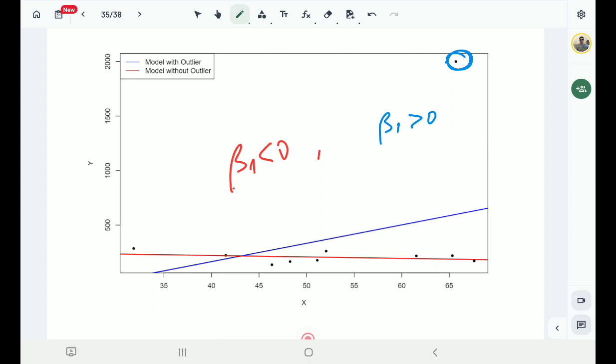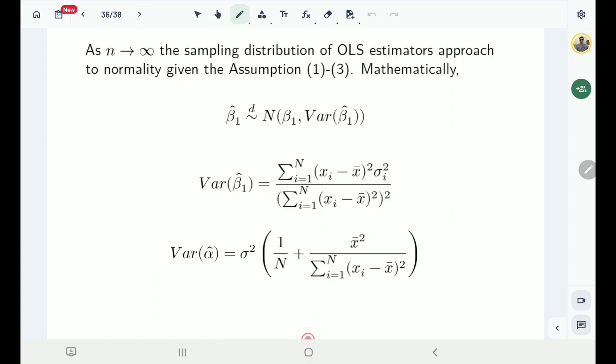If you want to perform linear regression analysis, it is better to analyze the data, identify the outliers, drop them, or at least see their effect: you run the regression with and without outliers, as we did in this experiment. Okay, and see how the line is changing, how the estimators are changing.